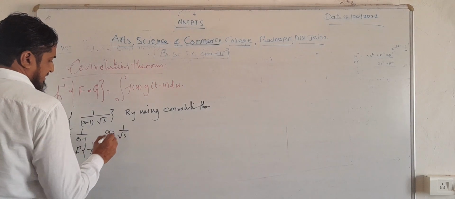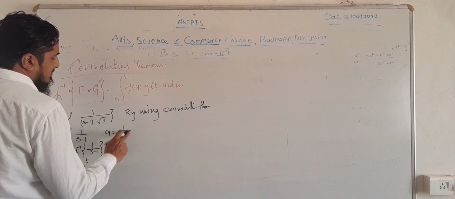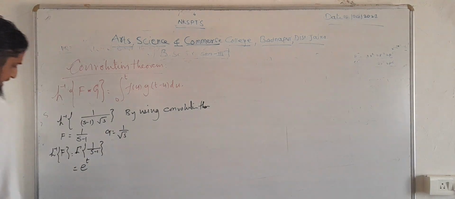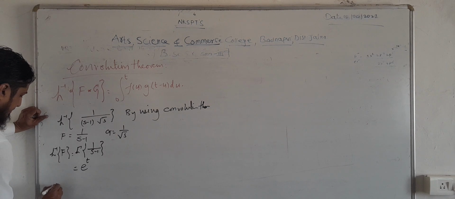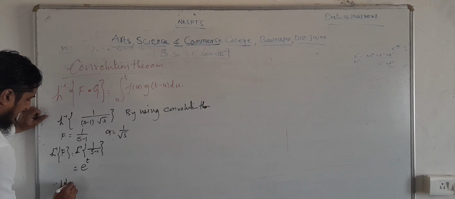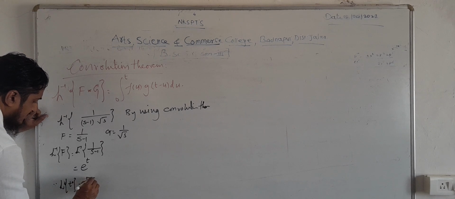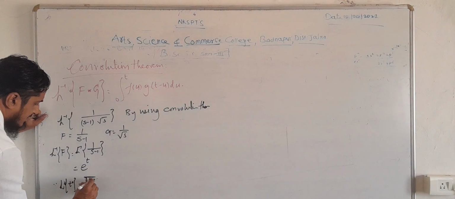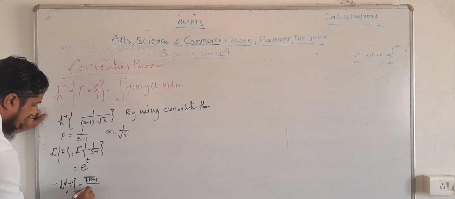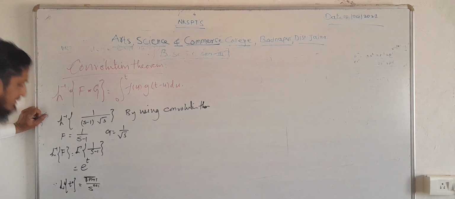Since G is equal to 1 upon root s, we know that the Laplace transform of t raised to n is equal to gamma of n plus 1 upon s raised to n plus 1.